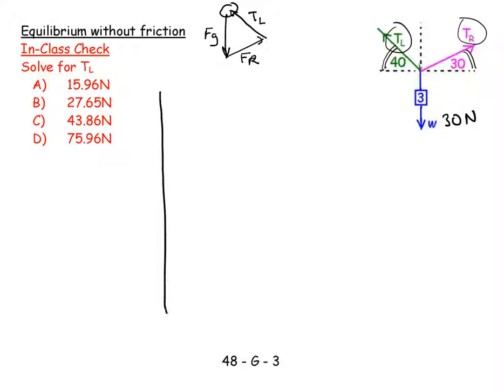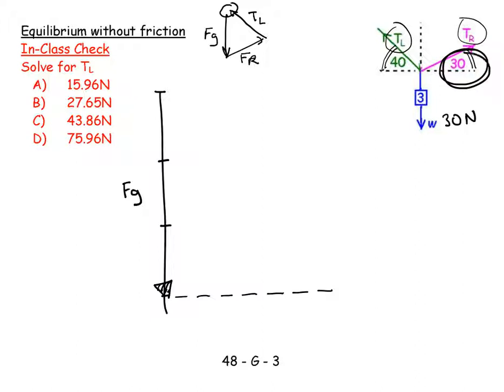a scale and we'd have 0, 10, 20, 30, and this would be my FG vector. And then the second section we draw is our T right. Now I don't know how long T right is, but I do know that it has a specific direction, which is 30 degrees above the horizontal.